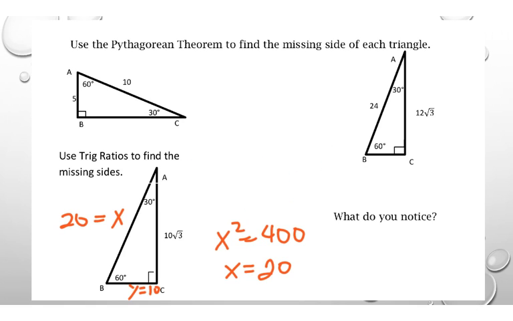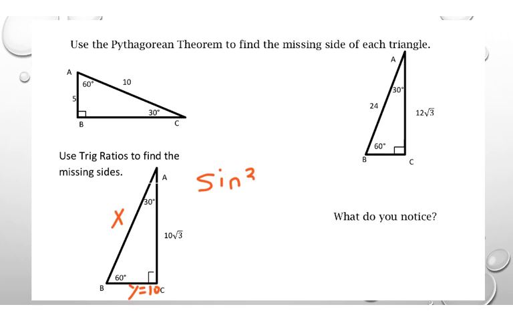We also, as I mentioned, could use another trig ratio to do that. We could say sine 30 is equal to, actually we won't do sine 30 on that one.